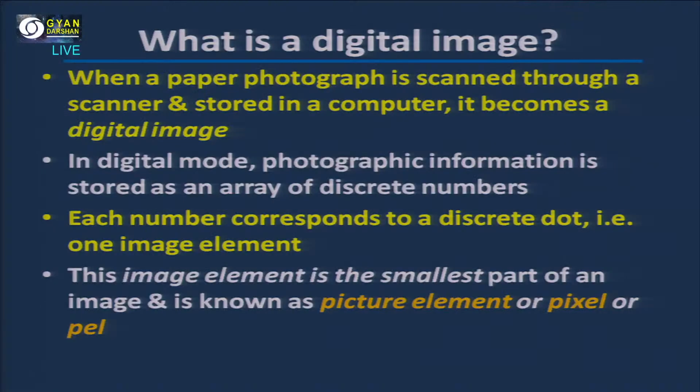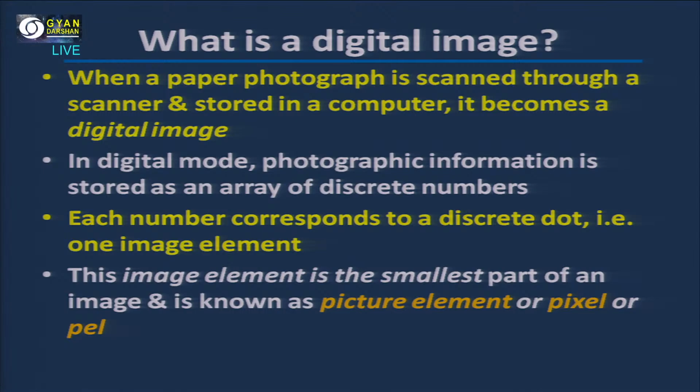Now, coming to the definition of a digital image. When a paper photograph is scanned through a scanner or a machine and stored in a computer, it becomes a digital image. In digital mode, photographic information is stored in an array of discrete numbers.